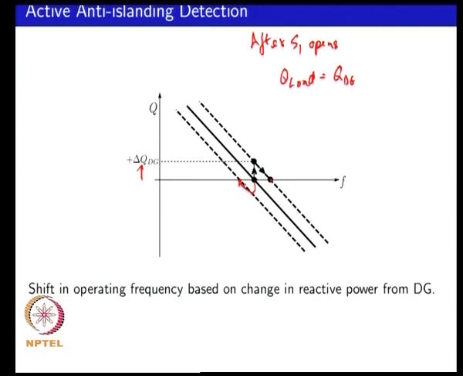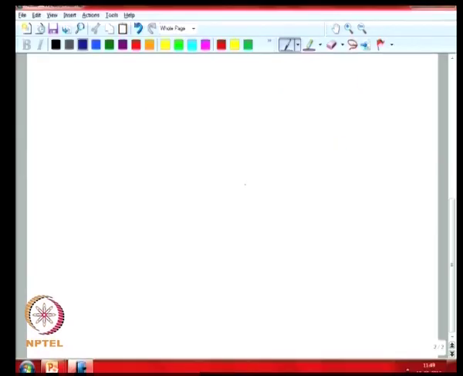Okay. So, if you look at it from a way on what you would do to destabilize the feeder, you could link your reactive power to the change in frequency that is measured at the DG.